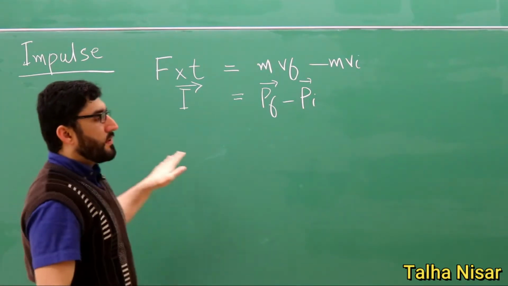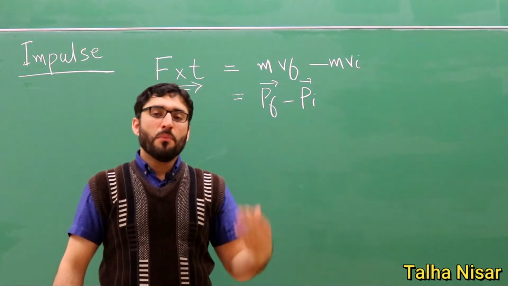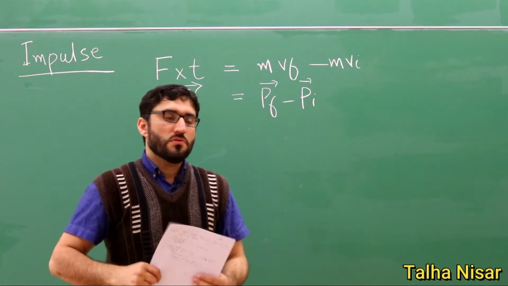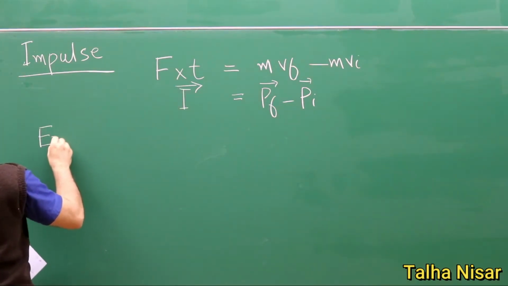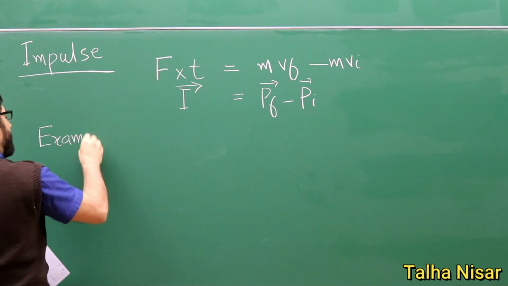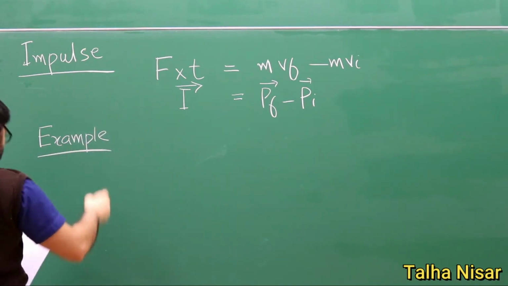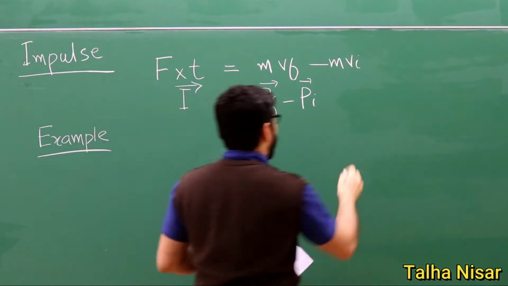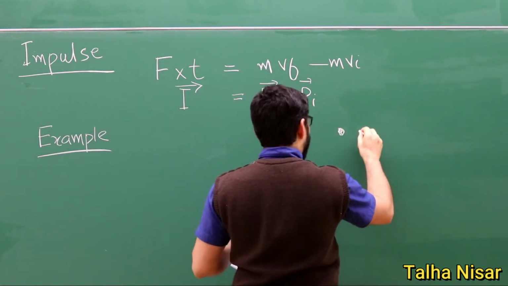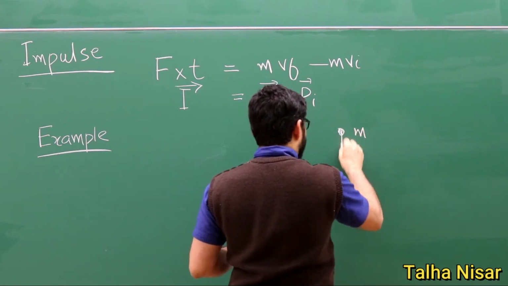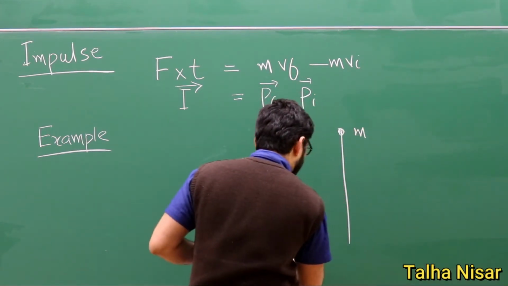For an example, we will take a ball when it hits the ground. We have a mass m, and we drop it on the floor.